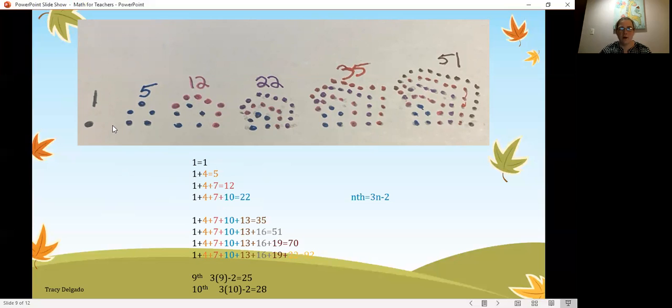It was 1 equals 1. And then from 1 to 5, 1 plus 4 equals 5. And then we added 7 to get to 12. It will be 5 plus 7 equals 12. 1 plus 4 plus 7 plus 10 equals 22. So the difference between 12 and 22 is 10.